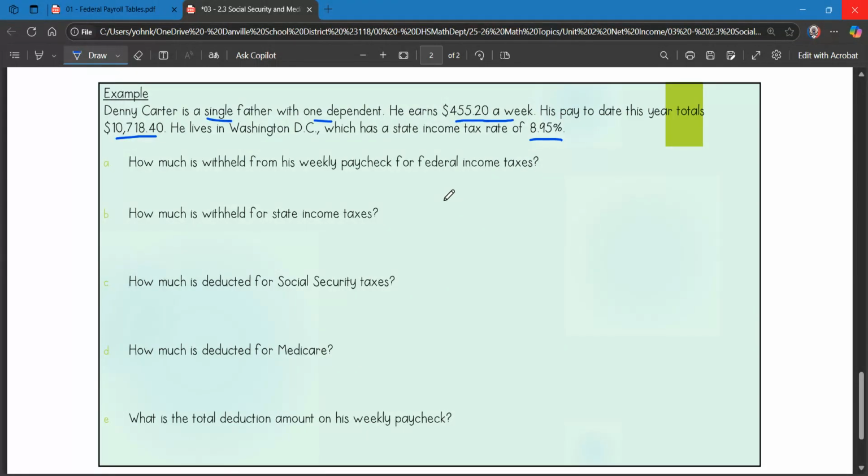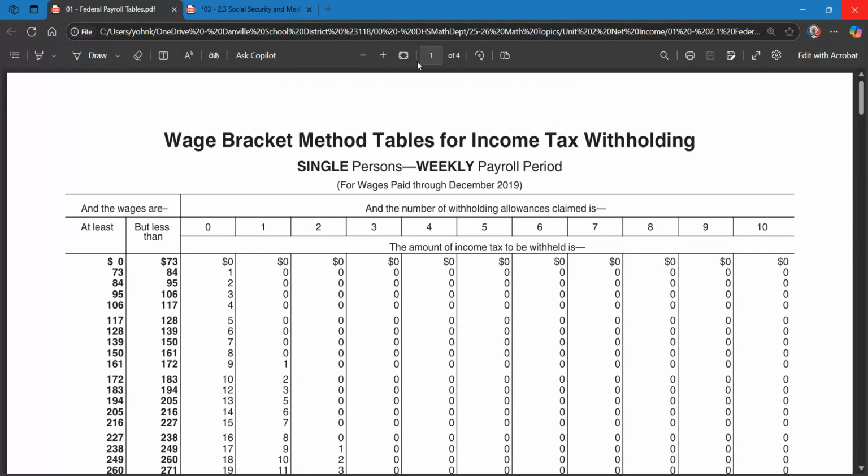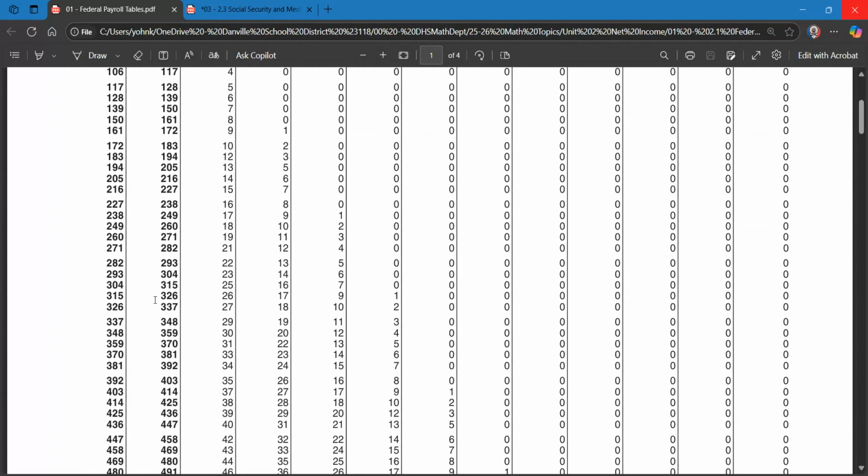All right, lots going on here. Part A, how much is withheld from his weekly paycheck for federal income tax? Federal income tax uses the table. So I need to grab that he is single, one dependent, and earns $455.20 a week. Remember, your federal income tax table is per week, so we know per week, so we're good. So let's go to our federal tables. We need single, $455.20.